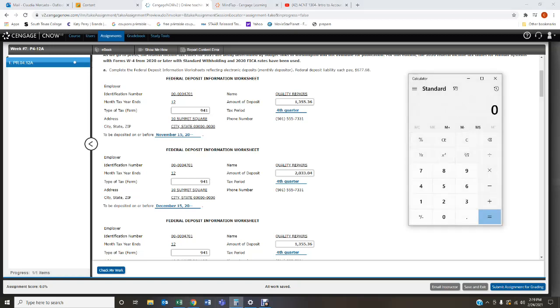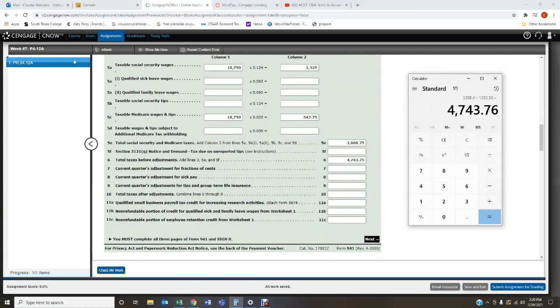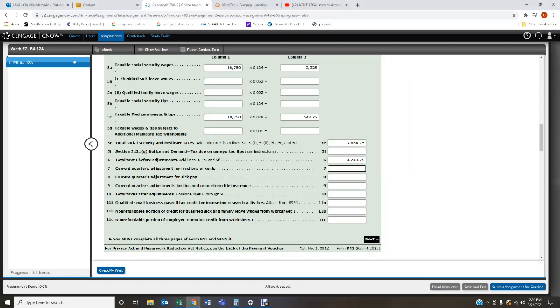I know that I deposited $1355.36 in October, $2033.04 in November, and $1355.36 in December. I deposited $4743.76. The total in my form, I'm going to subtract $4743.75. So I have an adjustment of 1 cent. That 1 cent is going to be added in line number 7.